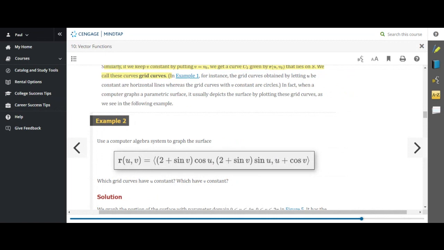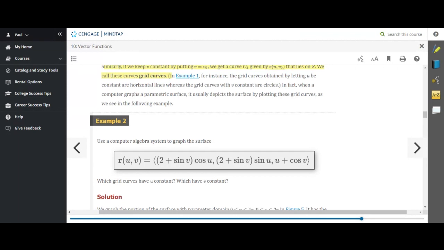Okay, and we talked in the class about how, you notice in example 2, it says which grid curves have u constant, which have v constant. So of course, if this vector function of 2 parameters u and v, if we set one of the parameters as a constant, then we have a vector function of just one variable, and that generates a space curve.